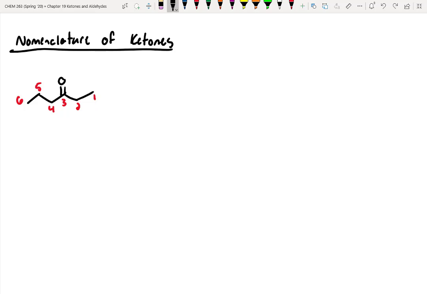And it's pretty straightforward, but we need to indicate the position of the CO double bond first. So this would be 3 to indicate that the double bond is coming off the 3 position, specifically the CO carbonyl. And then I would say the backbone is 6 carbons long, so it would be 3-hexanone, with -one being the suffix.